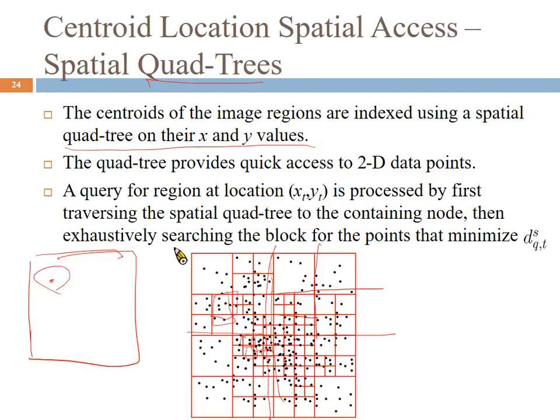So the spatial CRA tree is an efficient index structure for us to quickly locate some specific region.